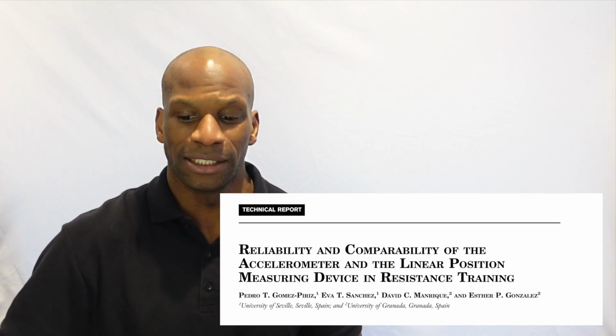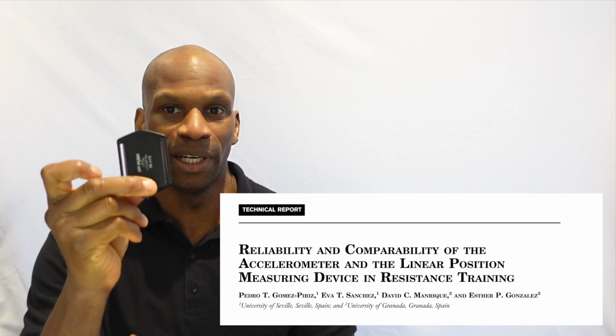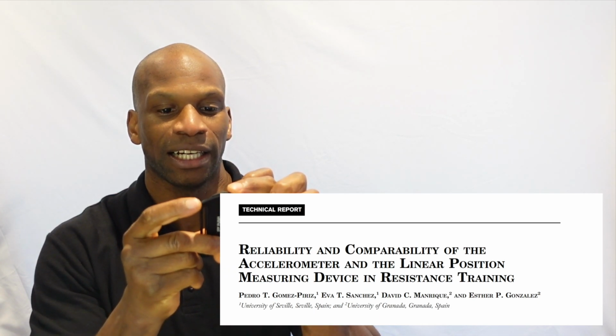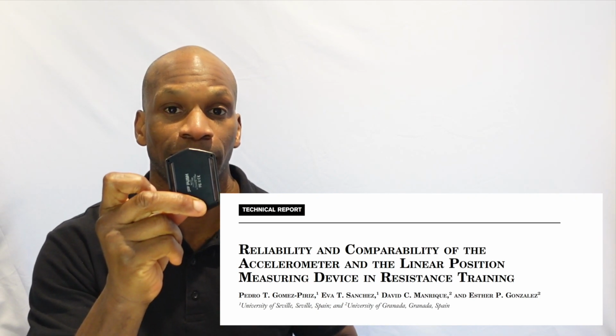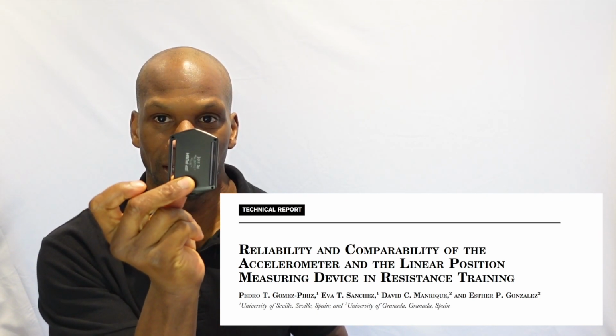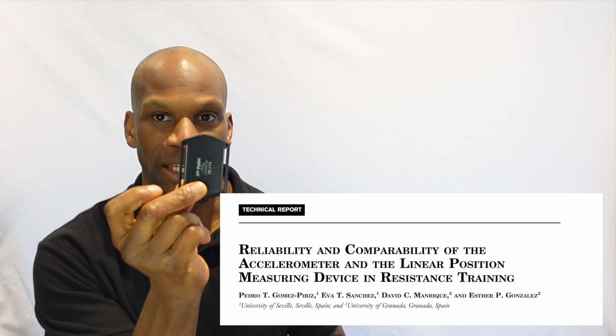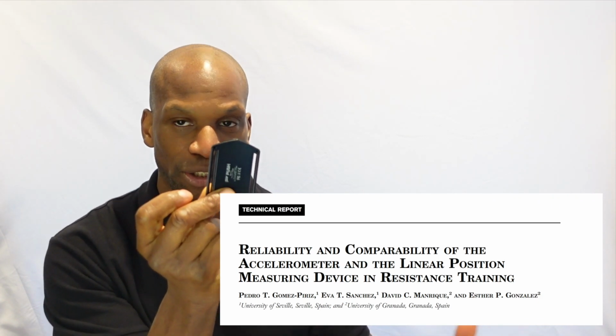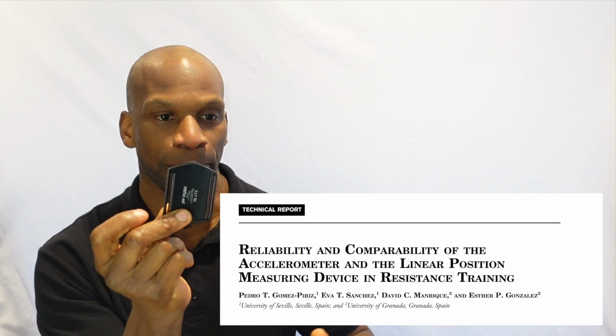I used a linear accelerometer, which is here. These are relatively inexpensive, and they can be attached either to the patient or to the implement and the bar. Essentially what it measures is velocity and also power output.